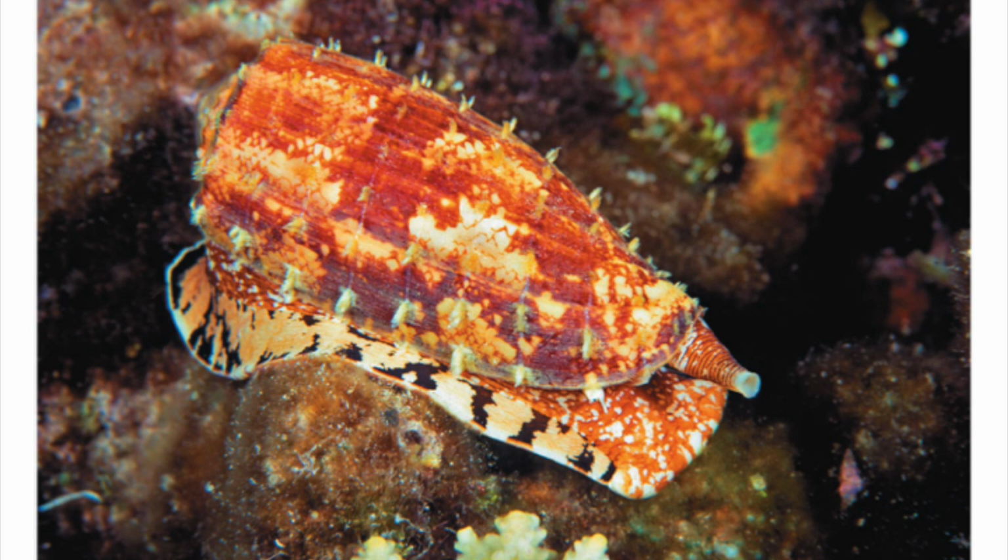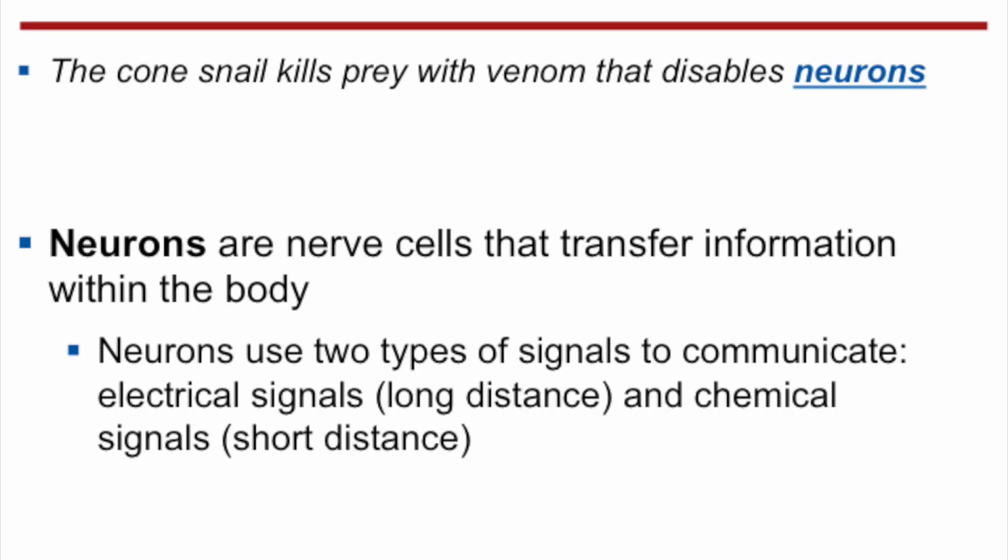It uses a chemical. And the reason that's important for you is that your nervous system is electrical, but it is electrochemical. The electricity is generated through chemicals. And so what the cone snail does is use chemicals to interrupt the electricity in another living organism. And so that's the point of the video.